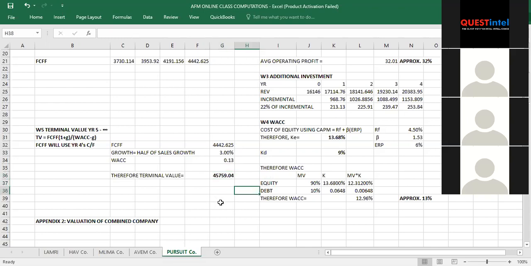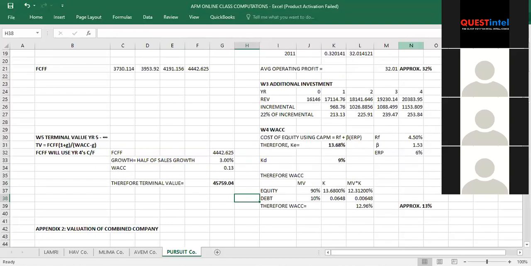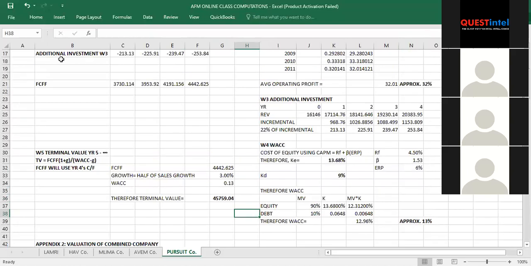So now with that value, we can carry that value up. So we'll have our terminal value. Let me just shift this one a little forward. So we'll have our terminal value as working 5.